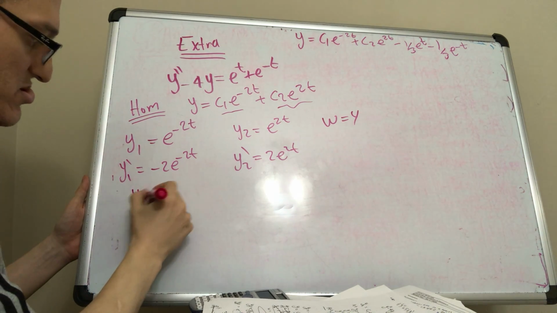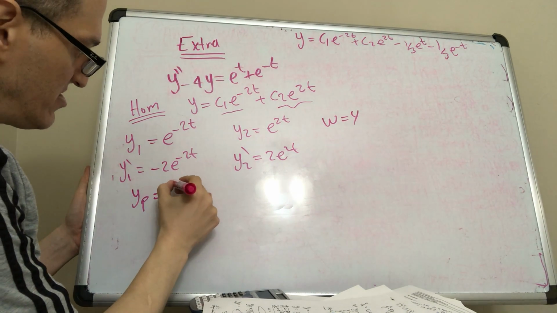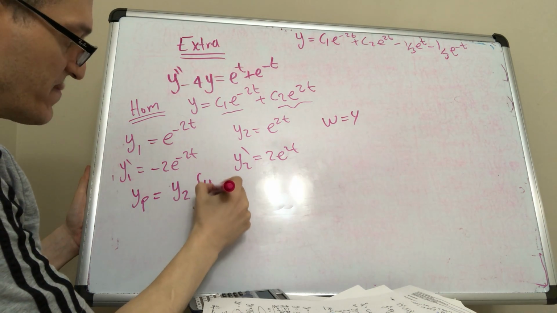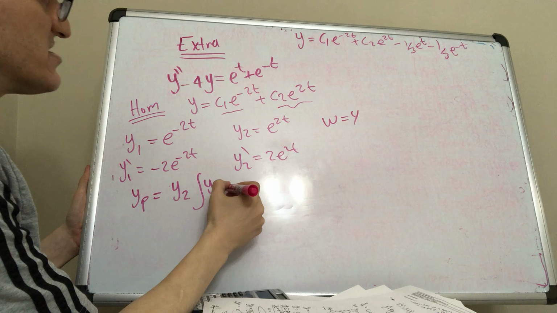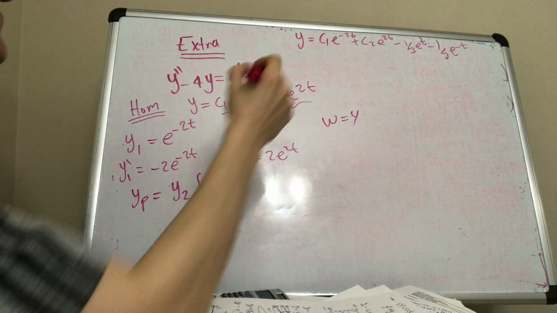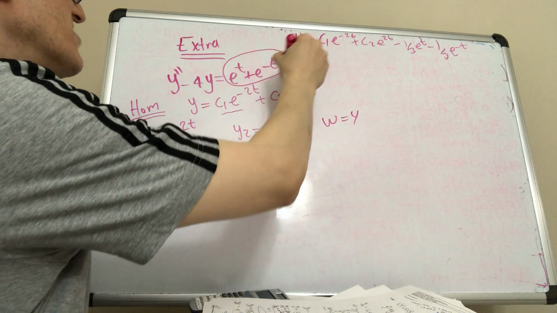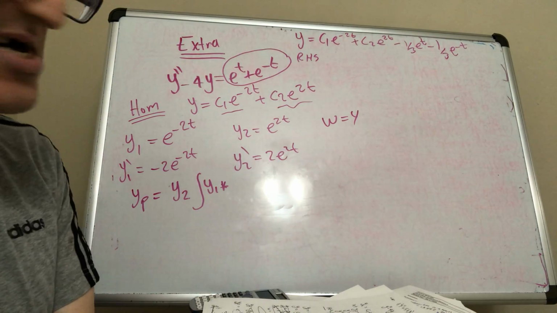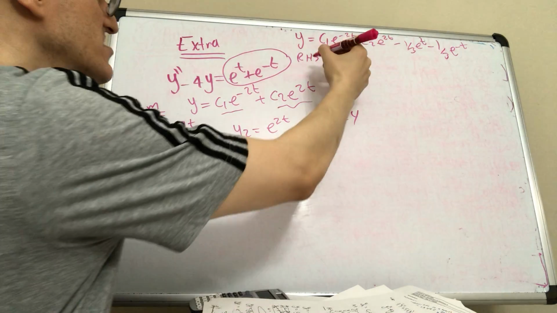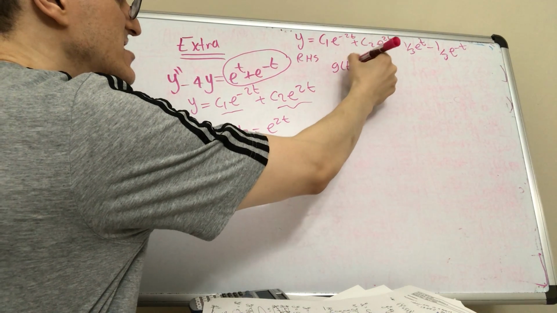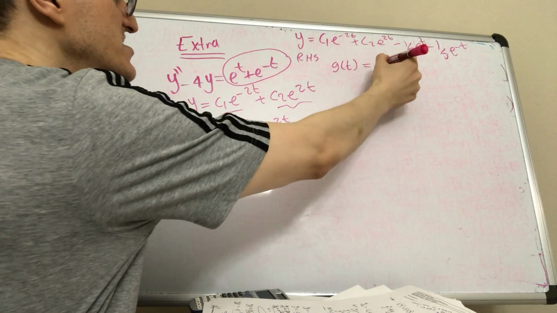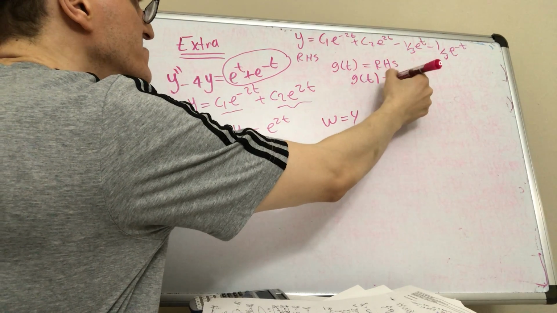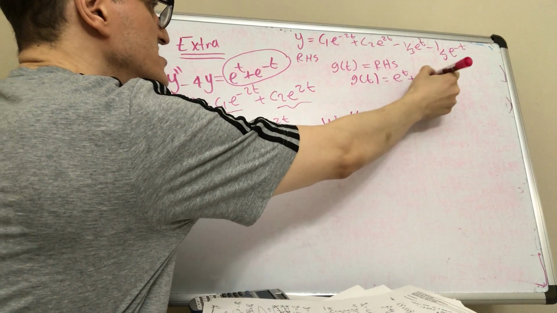Your particular solution is y2 integral y1 times whatever comes on the right-hand side. In my solution, I called it right-hand side, but for simplicity, you can call it g of t. g of t would be the right-hand side, which is e^t plus e^(-t).